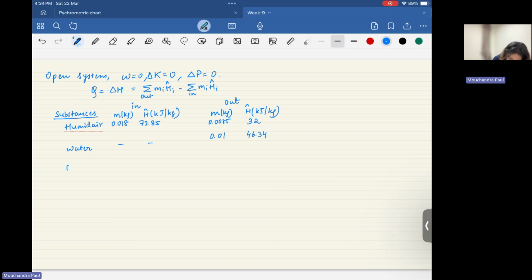So then you will have 0.0085 into 32 plus 0.01 into 46.34 minus 0.018.